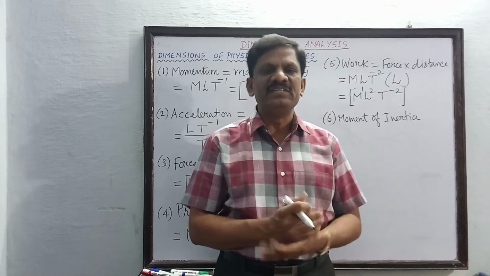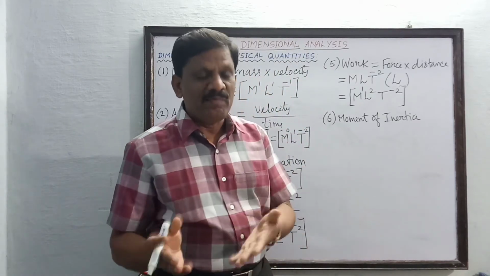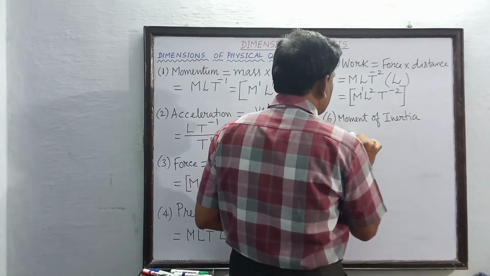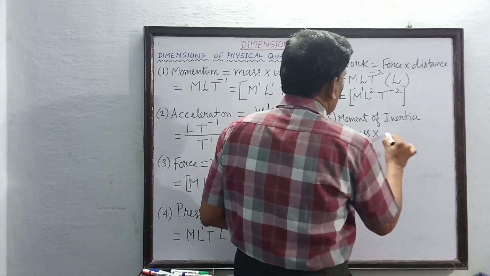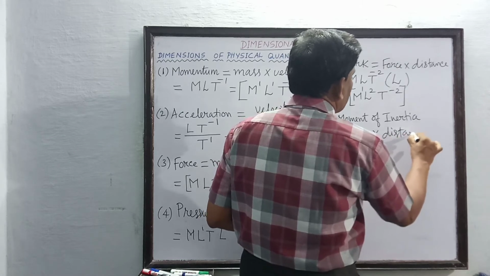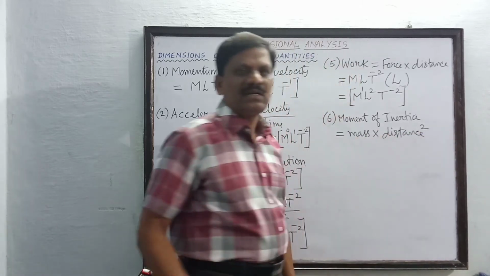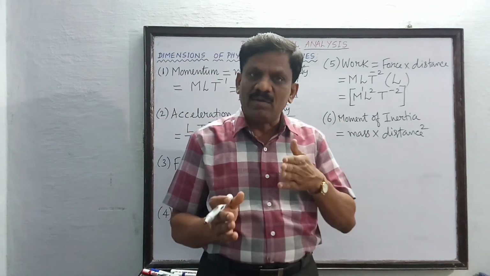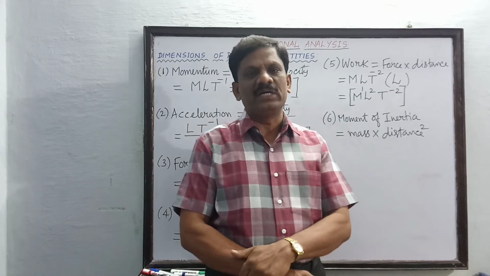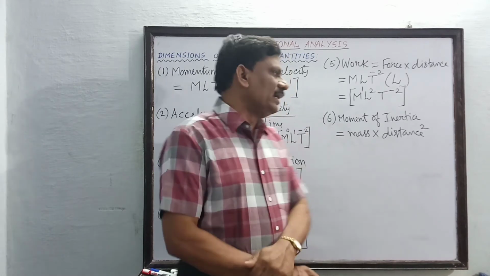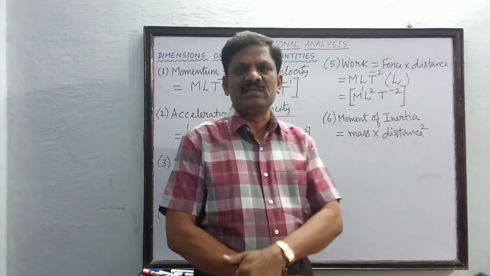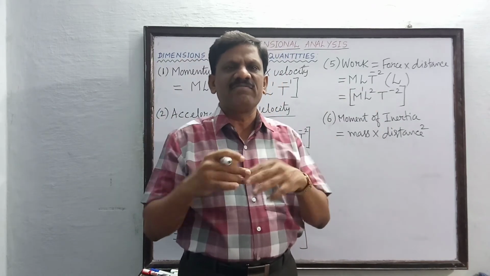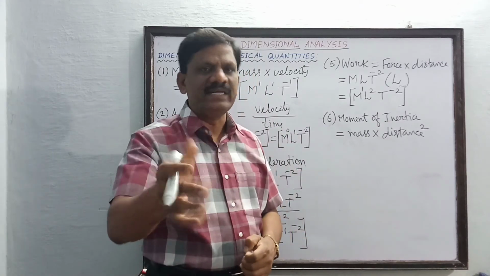You are going to study in detail in the coming topics. But now mathematically, this moment of inertia can be written, roughly, as mass into distance square. Its mathematical expression is mass into distance square, where the distance is the distribution of masses from the axis of rotation, which you will study in detail later.